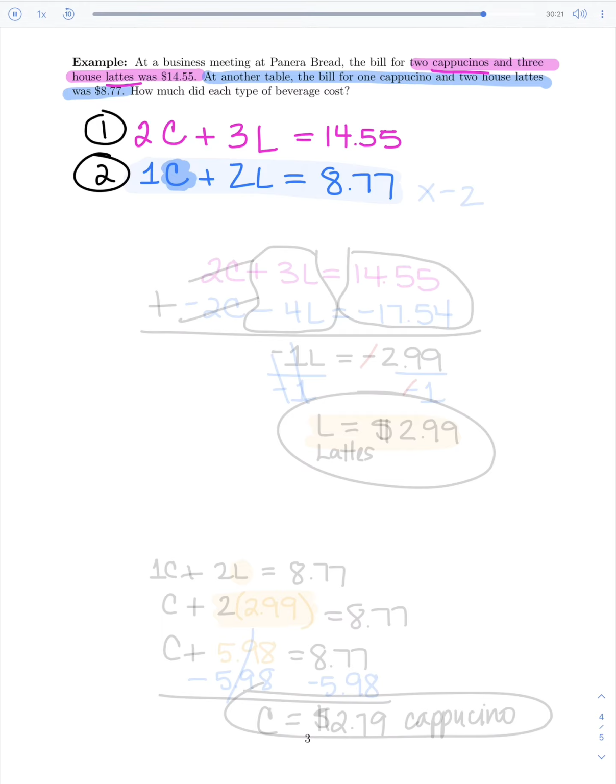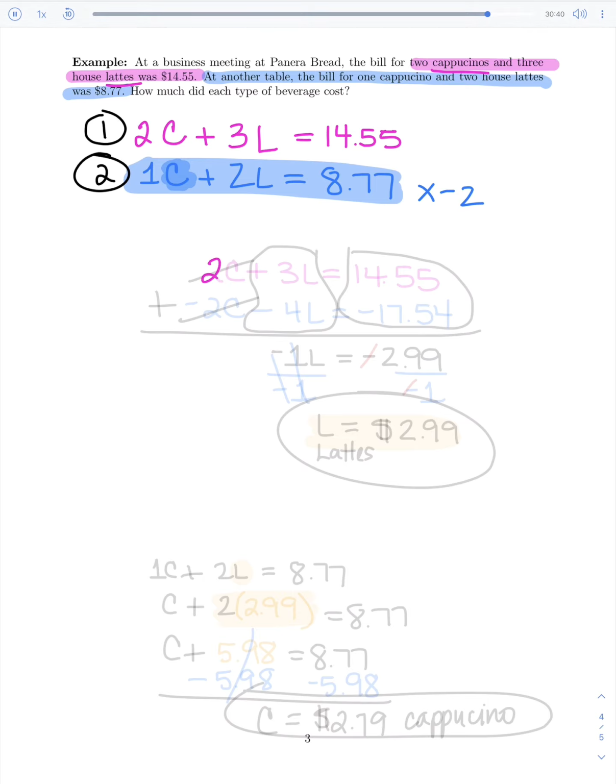However, you can also do elimination very easily by just taking that entire second equation and multiplying it by -2. So that's what I'm going to do.